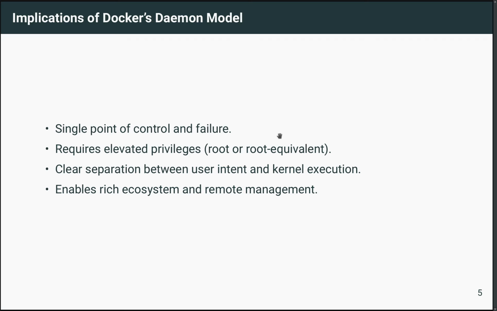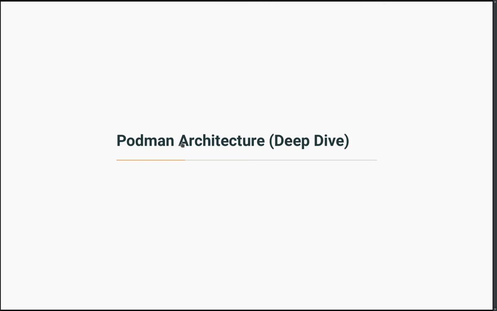In some cases, you need root privilege for Podman as well. The case which would be most common is if you want to bind to ports less than 1024, then you would need root or root equivalent elevated privilege. There is clear separation between user intent and kernel execution for Docker. The daemon model enables a rich ecosystem and remote management.